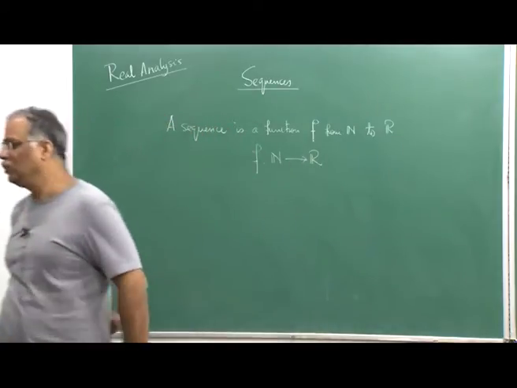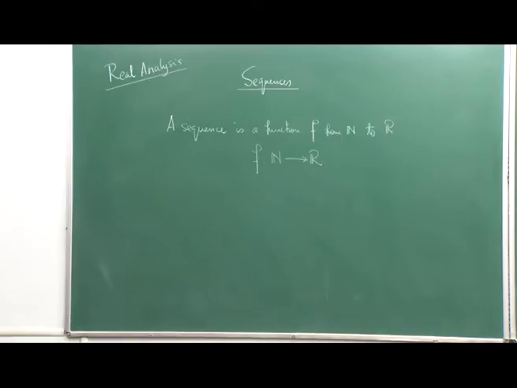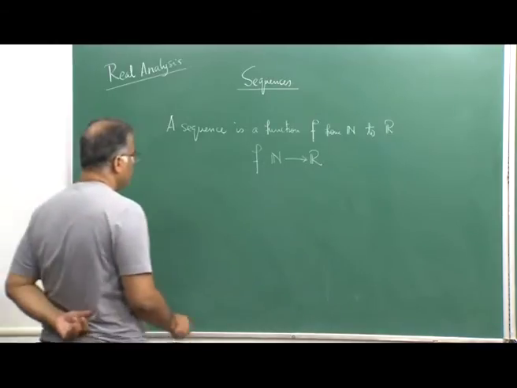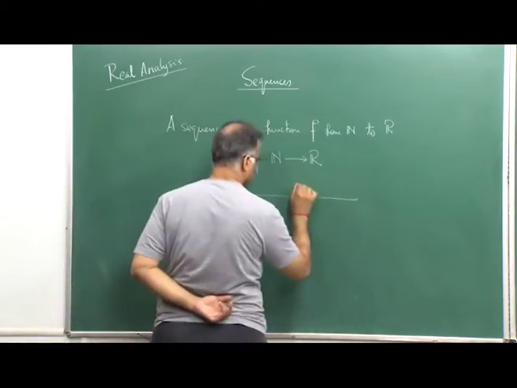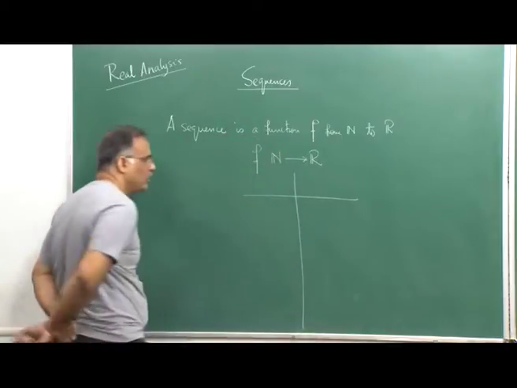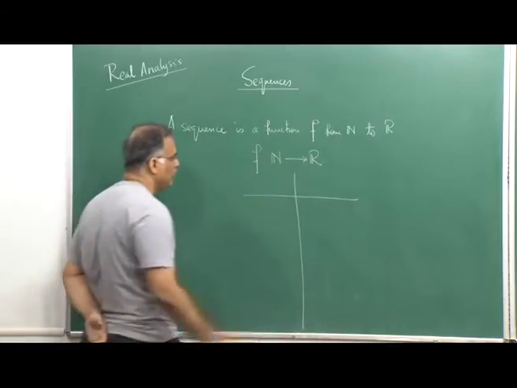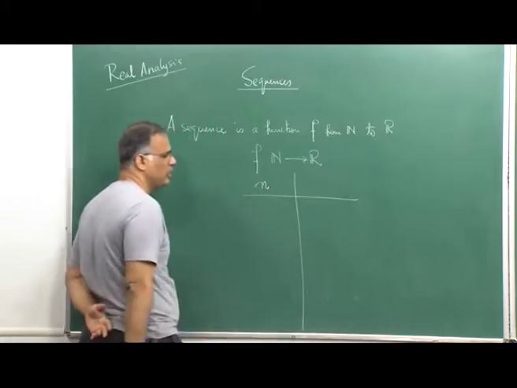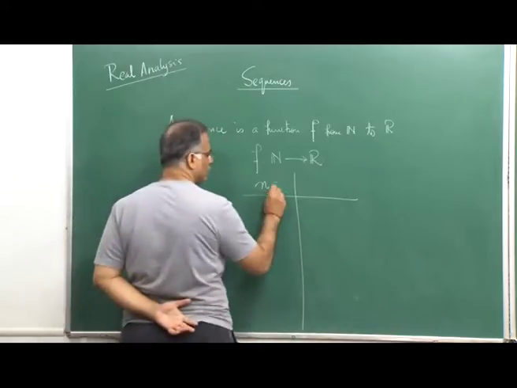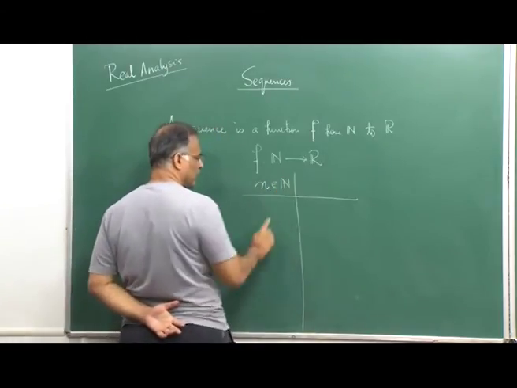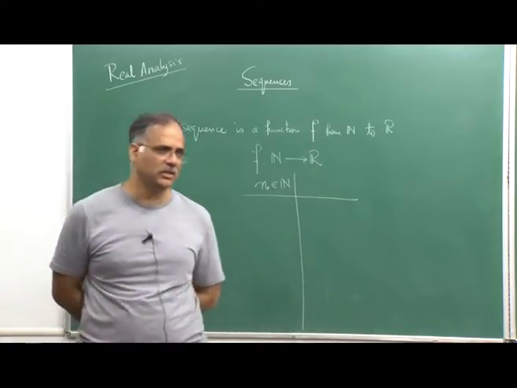So, how do you represent the sequence? The sequence is represented in the following way. We will do it in a tabular form. Here is n, which belongs to capital N, which is nothing but 1, 2, 3, 4, 5, 6, 7, 8, 9, 10, just go on.